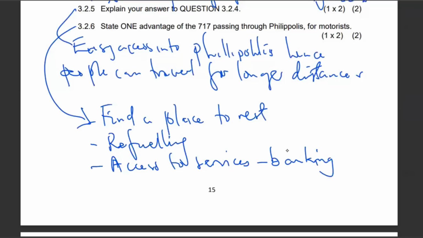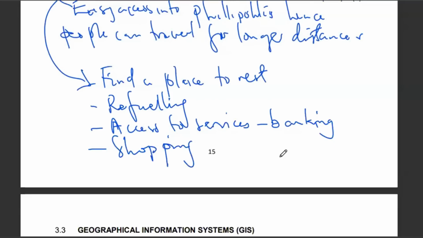They can just do their banking. They can access the services that they want in Philippolis because it's passing through that center. And also they can do shopping as an advantage for the motorists. They can do their shopping in Philippolis as they pass through.